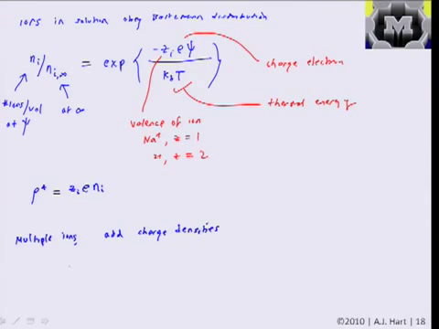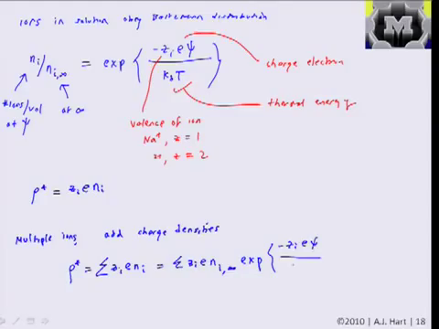And therefore, we can say that our rho star is equal to the sum over all the ions we have, which is equal to just the sum of z_i e times n_i at infinity times our exponential function, like so.